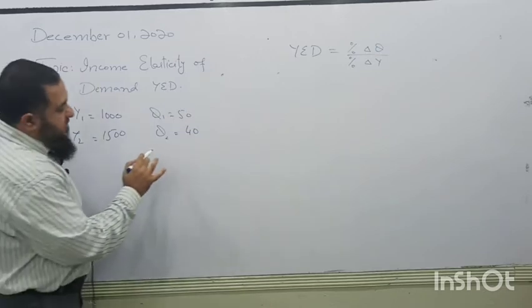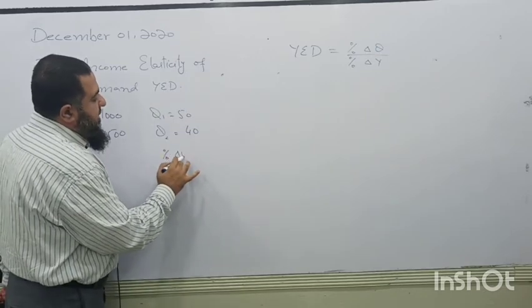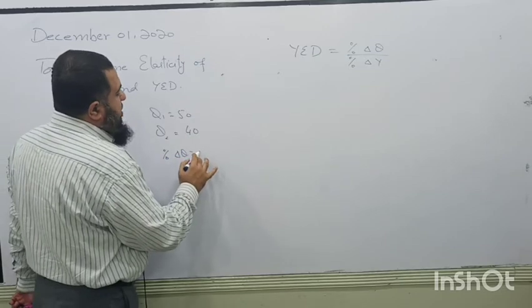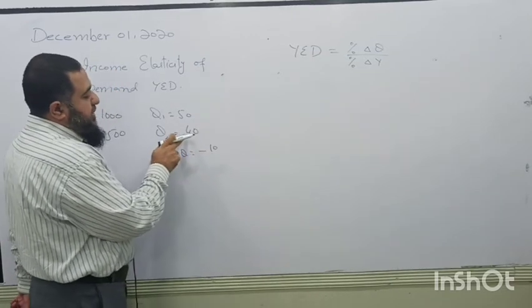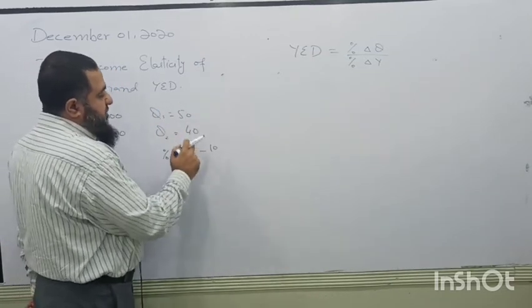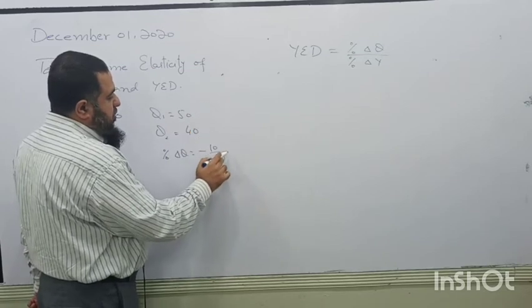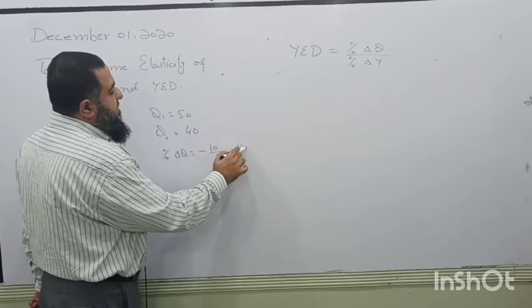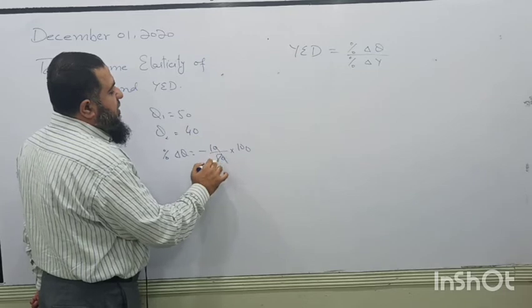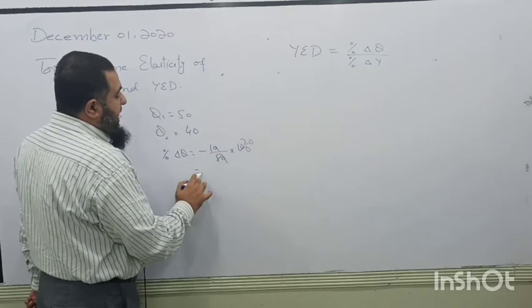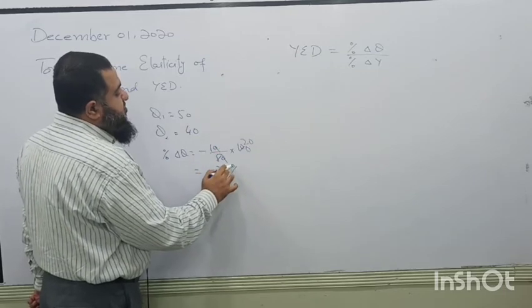Now see how much is the percentage change in quantity demanded. Change in quantity is now minus 10 because Q2 minus Q1, that is 40 minus 50. Original quantity was 50 and this is 100. So I say over here that it is minus 20%.